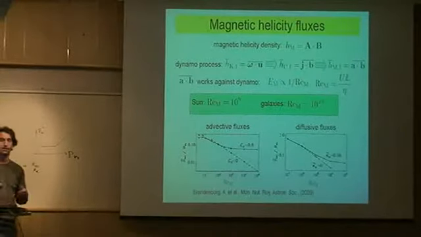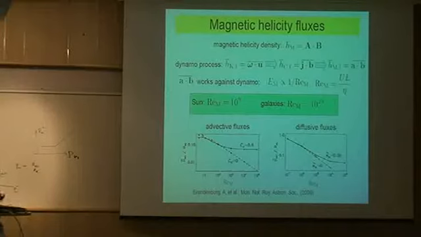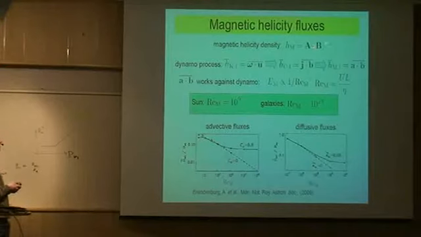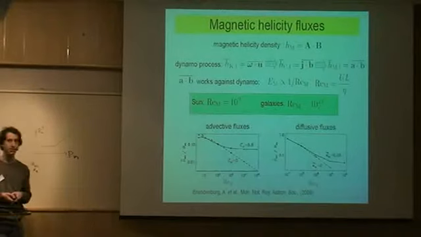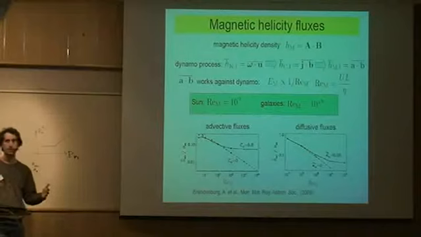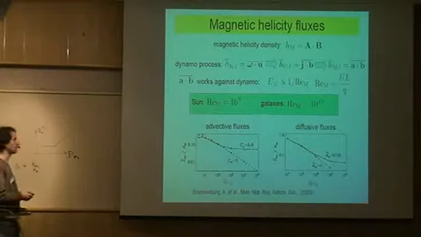And I think Anwar this morning showed a very good introduction to magnetic helicity, also in the context of dynamo theory. So magnetic helicity density is simply defined as the dot product of magnetic field B and its vector potential A. What you usually have in dynamos, well, how do you create a dynamo? You usually have turbulence, small scale kinetic motions, which is this omega dot u.